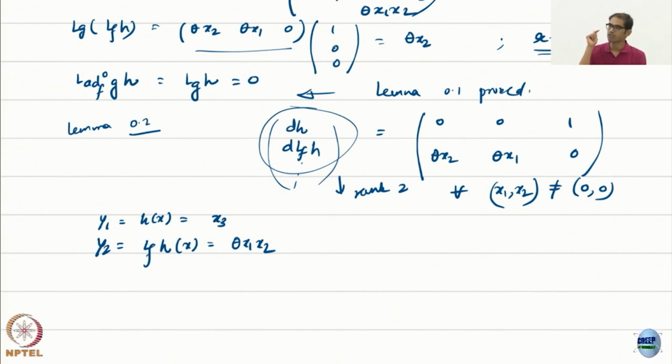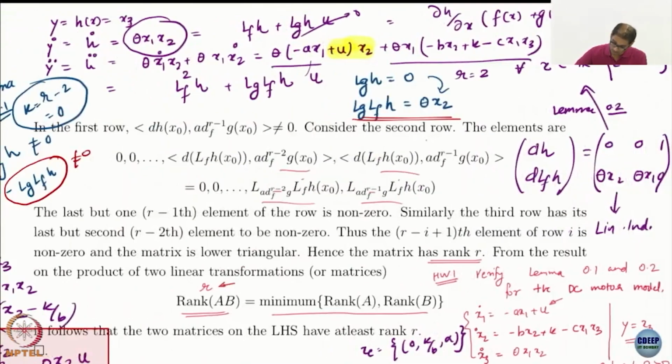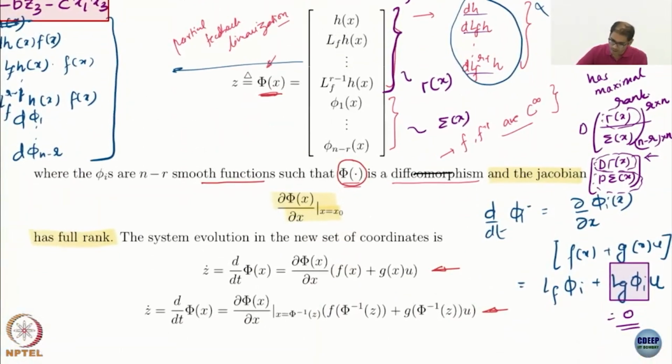That's it, I think. We only get 2 coordinates, because how many do we get? Until r minus 1. R minus 1 is just 1 in our case. So we get h and Lfh. These are the two coordinates we get.